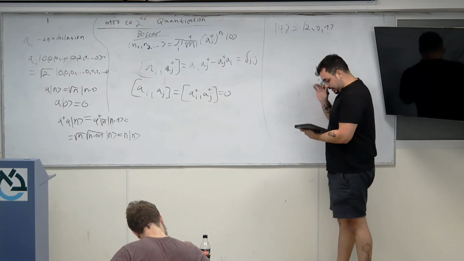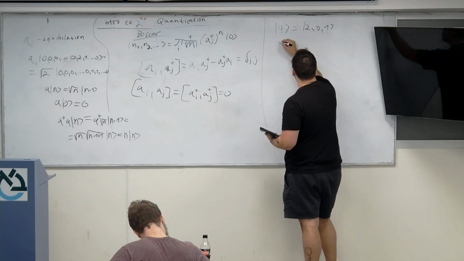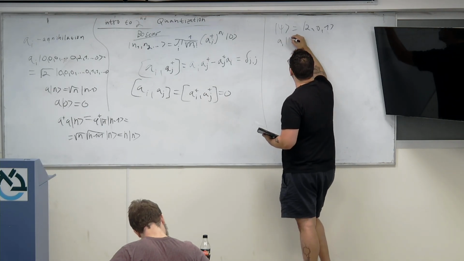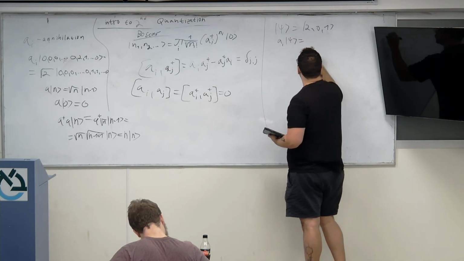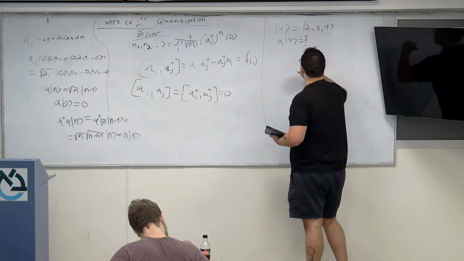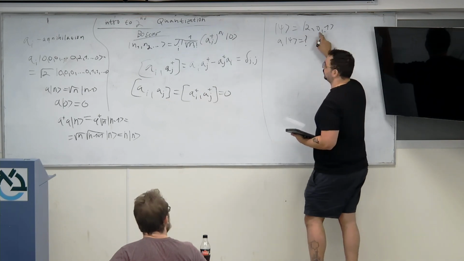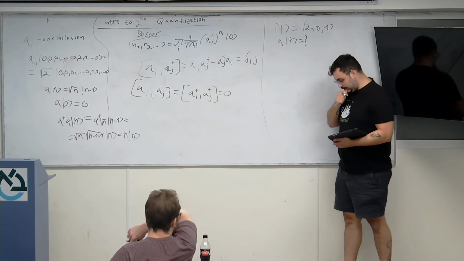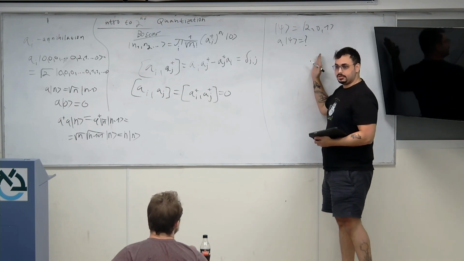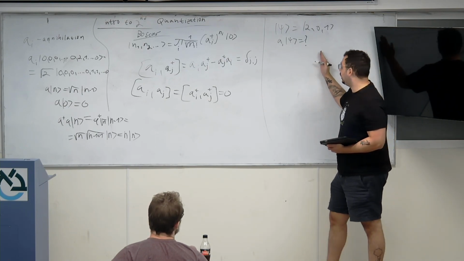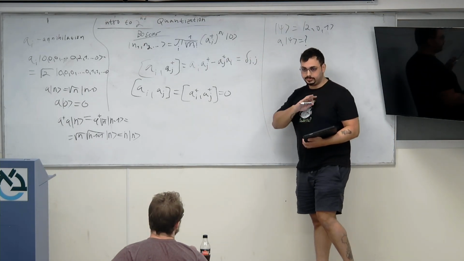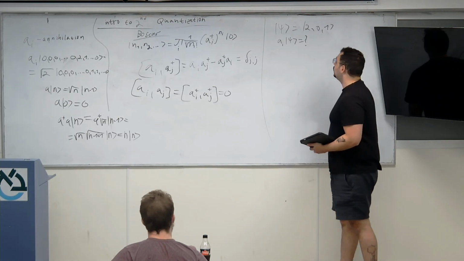And I want to know a_i phi, where i equals 1, 2, and 3. I want to do this only using the commutation relation and annihilation on the vacuum.